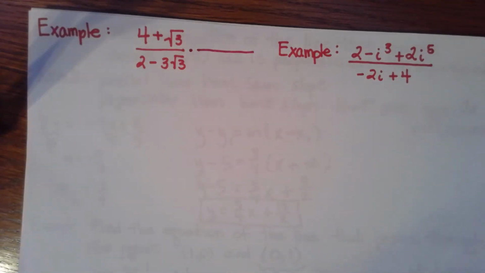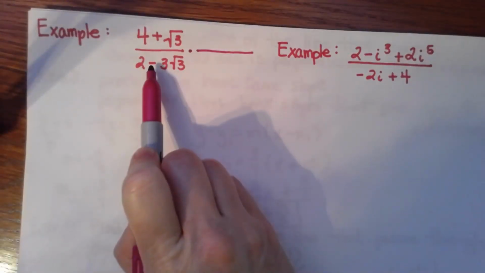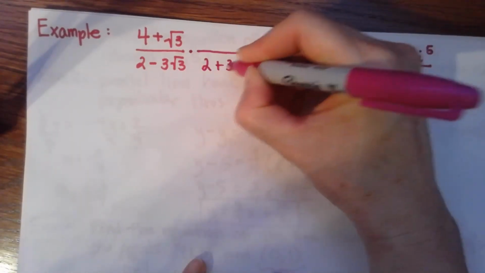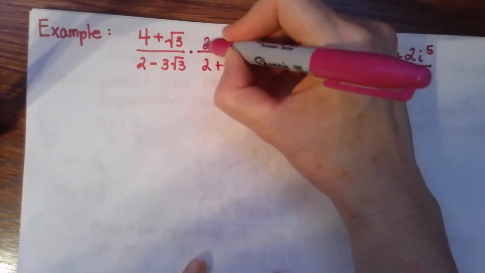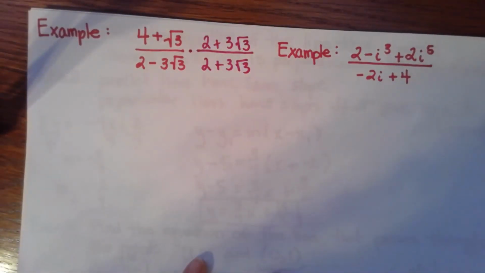When you multiply by 1, you don't change the value of the quantity at all. Okay, so for the conjugate, we just change the sign in the middle. So 2 plus 3 square root of 3. And as long as we make the numerator and the denominator exactly the same, we're really just multiplying by 1, and we're not changing the value at all.